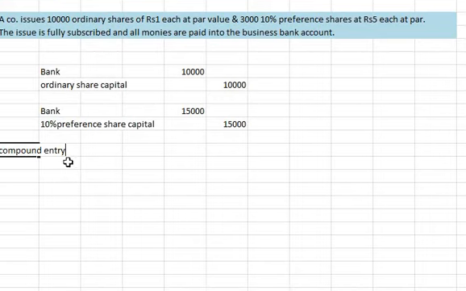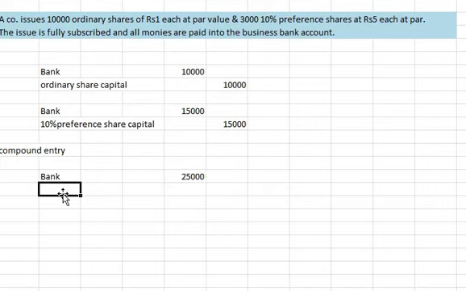And your compound journal entry for this transaction is: for both transactions we have the debit as bank. So write bank account. First you have 10,000, next 15,000. The total amount is 25,000.